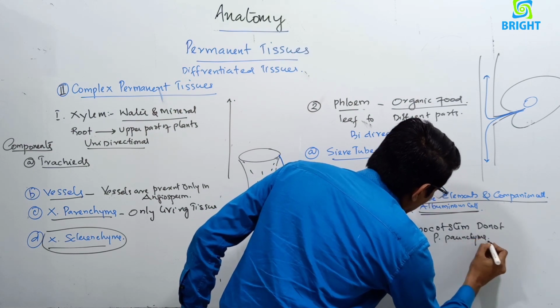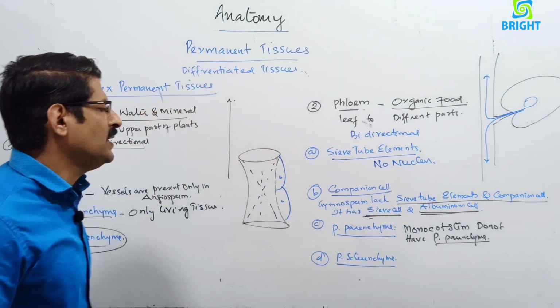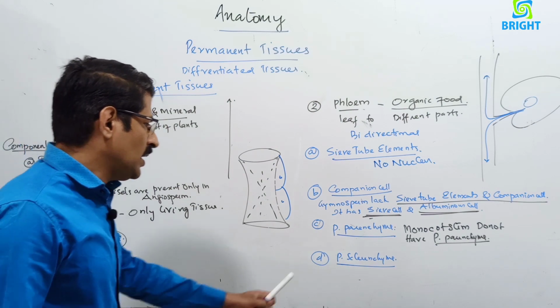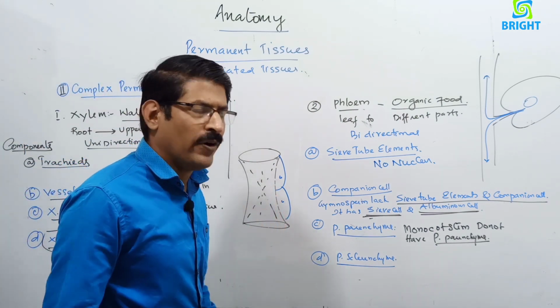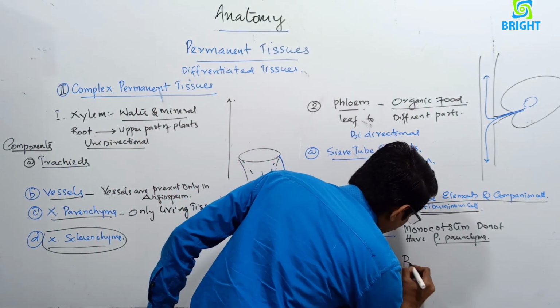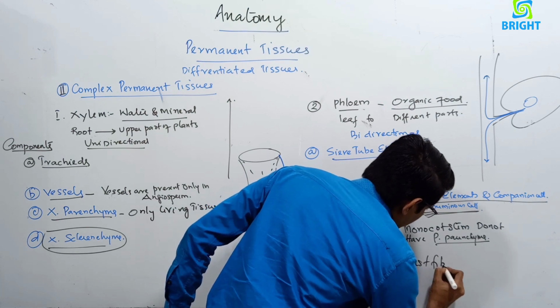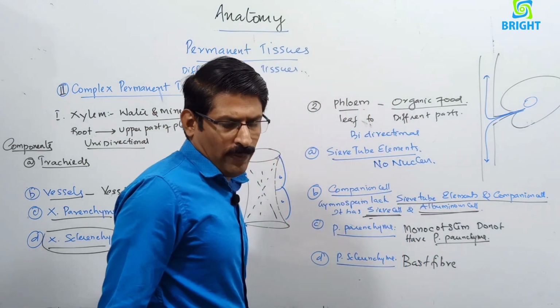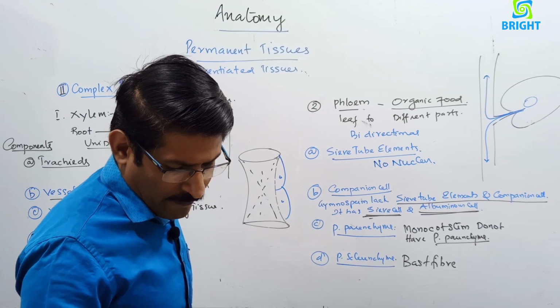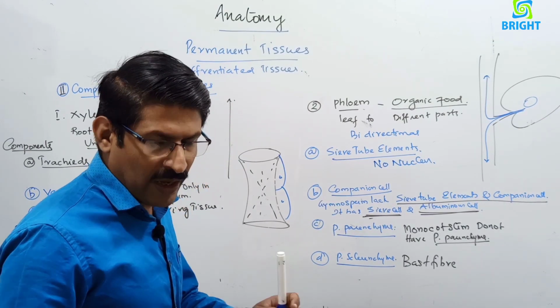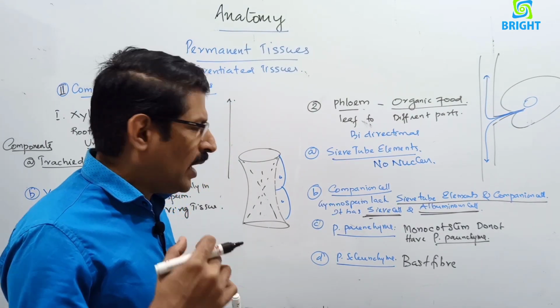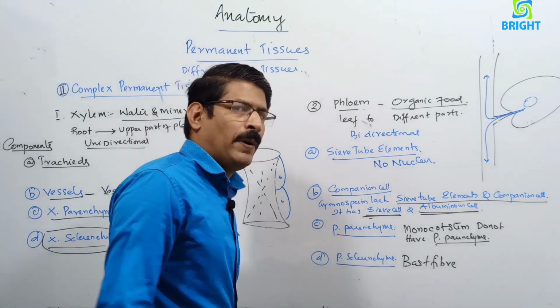So phloem parenchyma is absent in the monocot stem. And phloem sclerenchyma is a phloem fiber, also called bast fiber, and it is an economically important fiber; we are using jute fiber, which is an example of bast fiber.